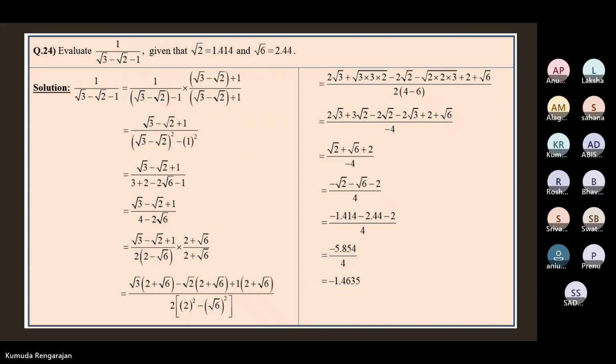No, I have minus 1.4635. I think most of us were close to this one. You might have forgotten the minus sign, that's all. But please check your procedure. I got 1.4621, ma'am. Okay, so you can see the answer right in front of you. Please check and let me know where I have to explain.